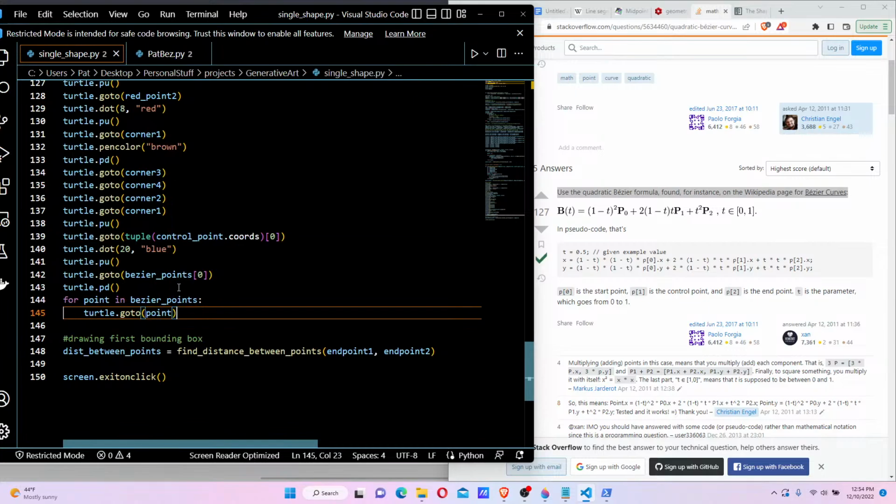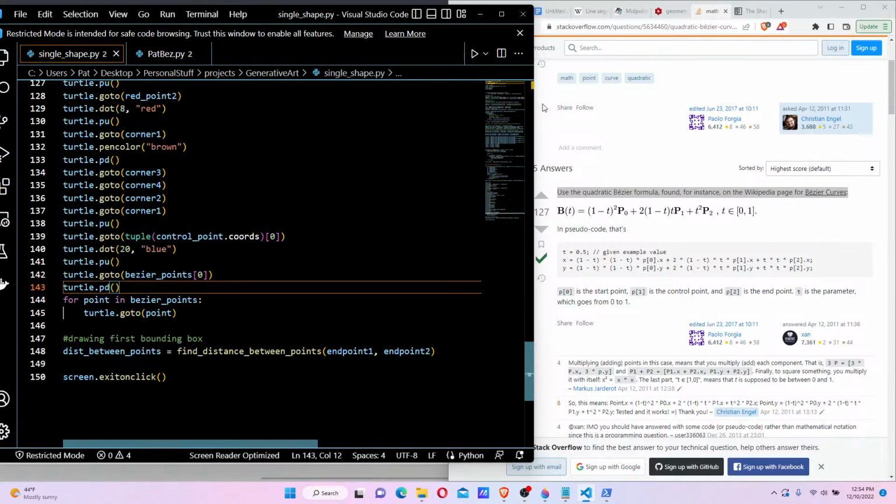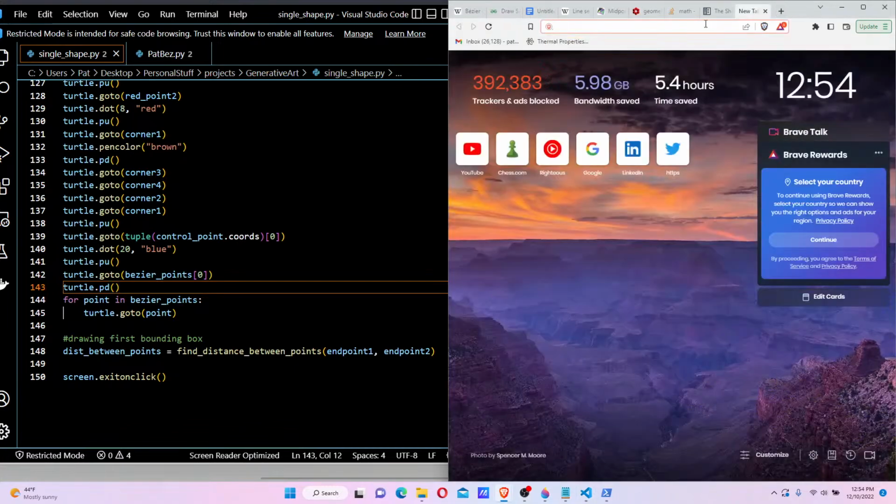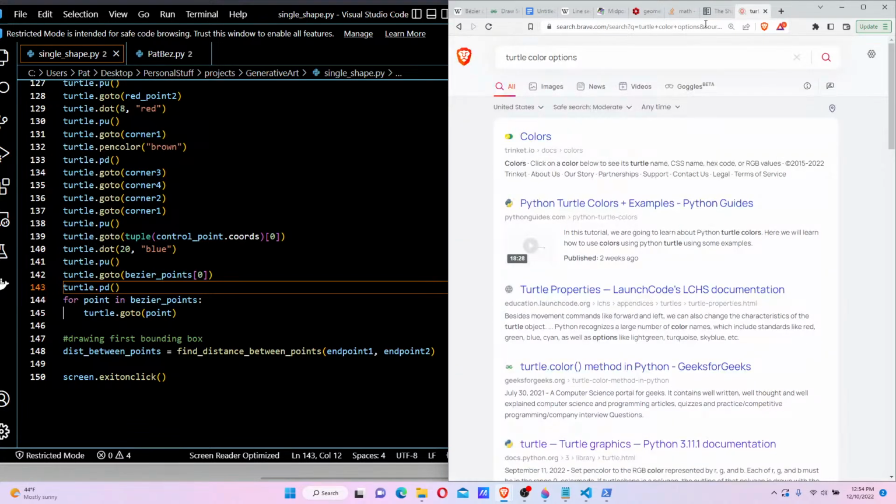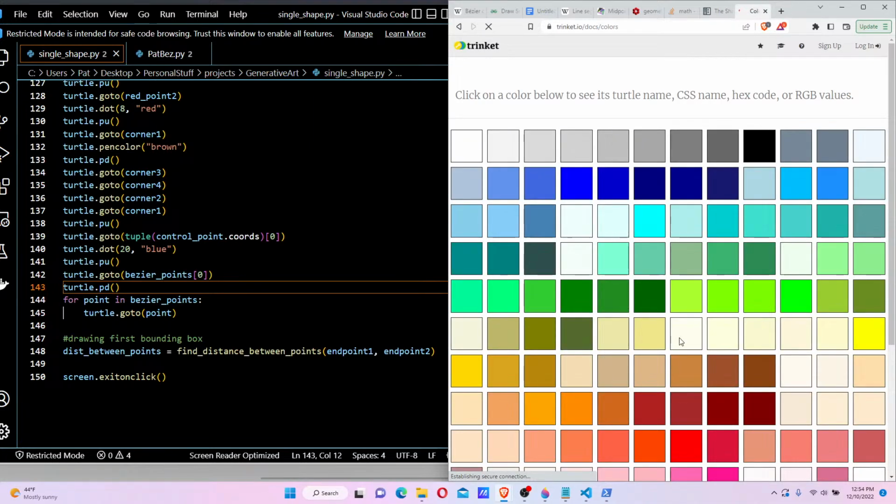Okay, so this should draw the curve now. First I'm going to look up color options in Turtle. Wow, that's nice.